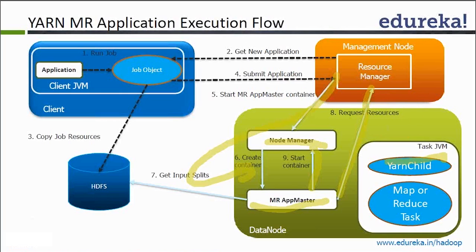So that's how execution happens with the MapReduce application: the application master coordinates with the resource manager, gets the resources, the CPU and memory it wants to run, submits it to the node manager, executes that task, and then stores the data back inside the Hadoop file system.